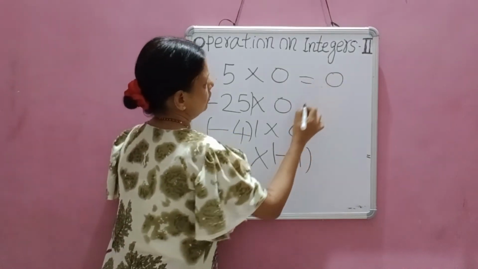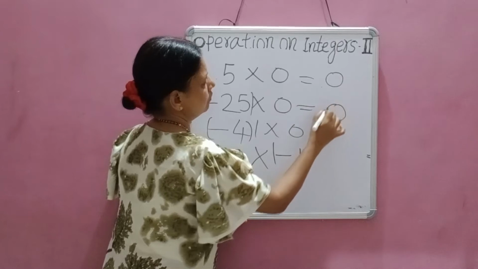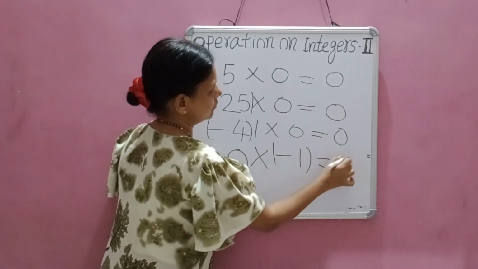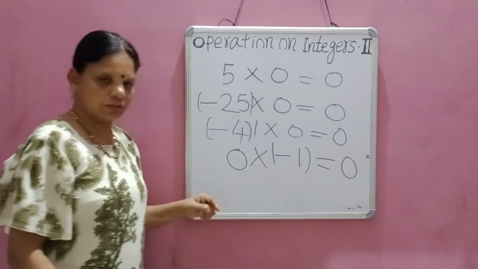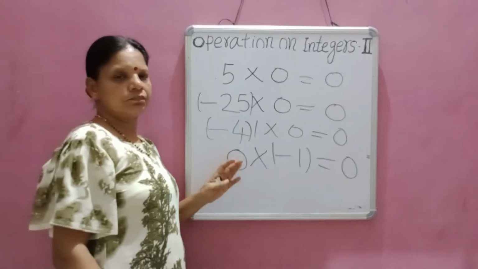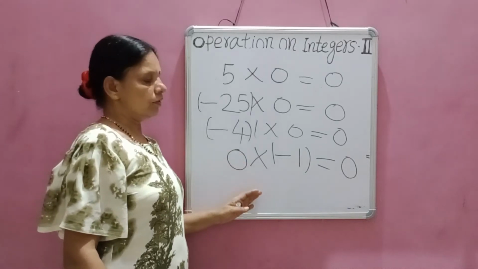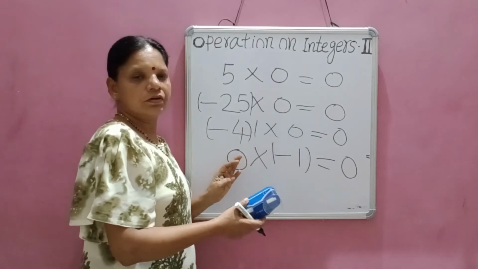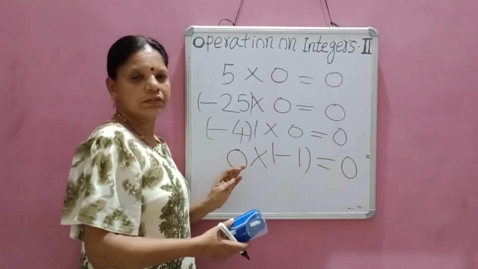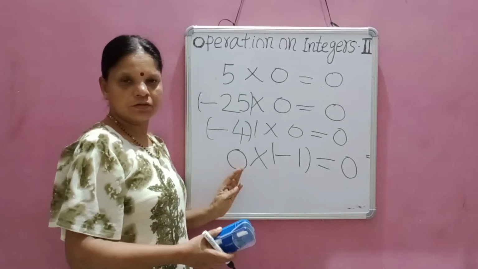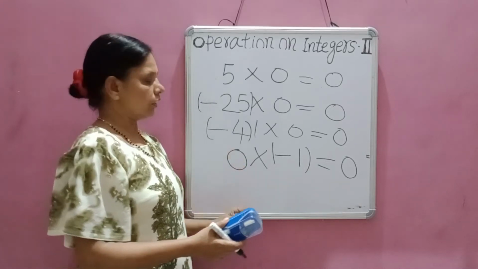Equal to 0, equal to 0, equal to 0, equal to 0. What does it mean? Multiplication of any integer by 0 is 0. That is the rule of multiplication by 0 with any integer, whether it is positive or negative.